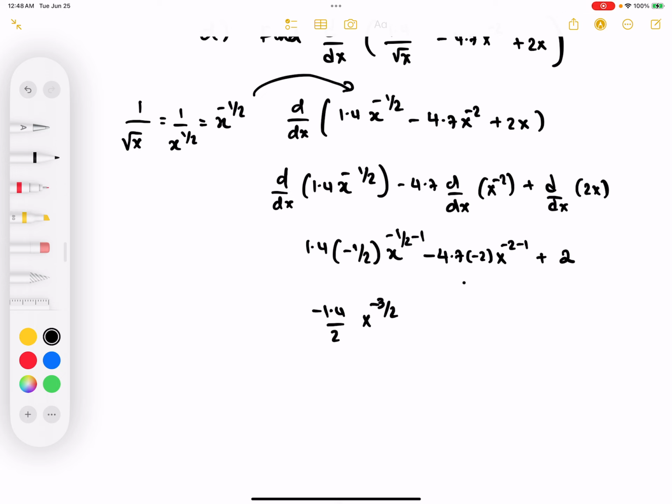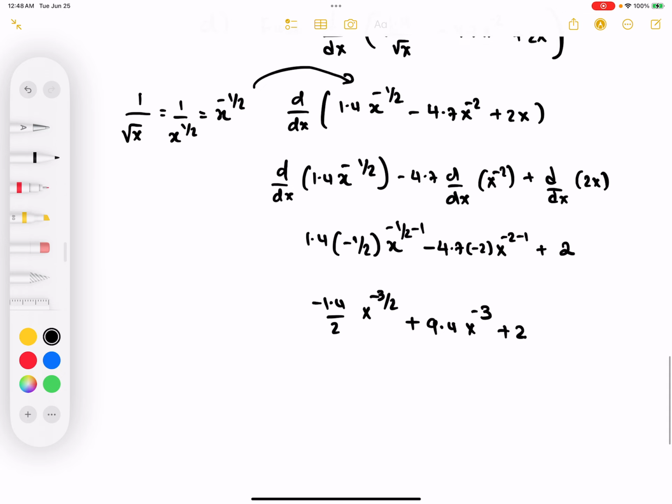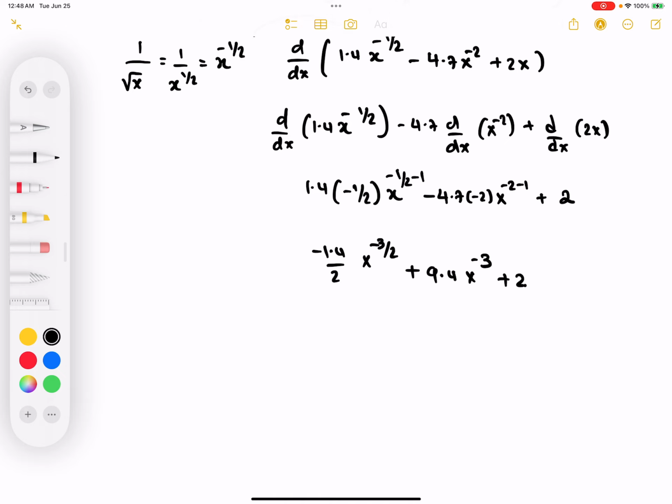This one is 4.7 times negative 2, which is plus 9.4 x to the negative 2 minus 1, negative 3, plus 2. So you have to simplify: negative 1.4 over 2 is negative 0.7 x to the negative 3 over 2 plus 9.4 x to the negative 3 plus 2.